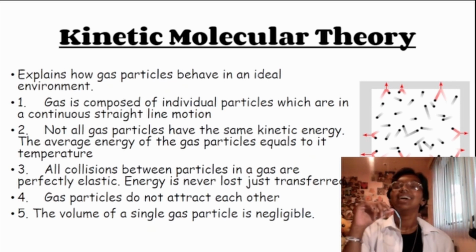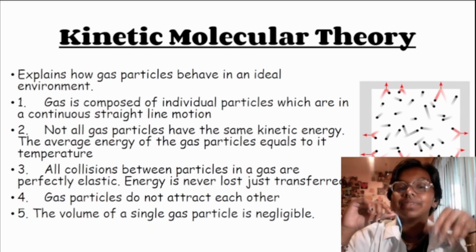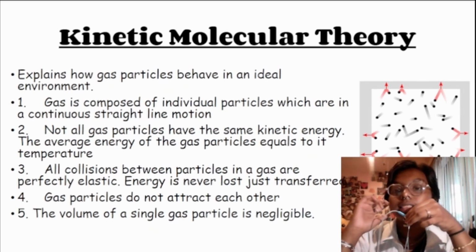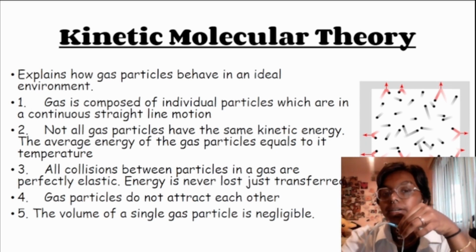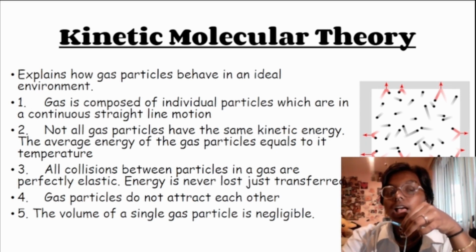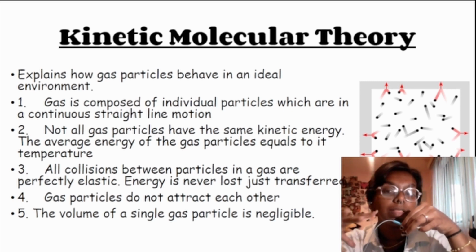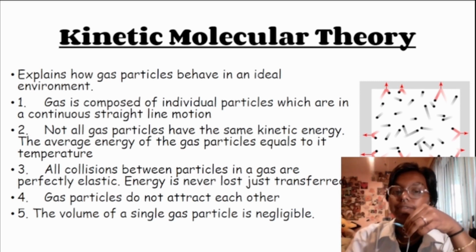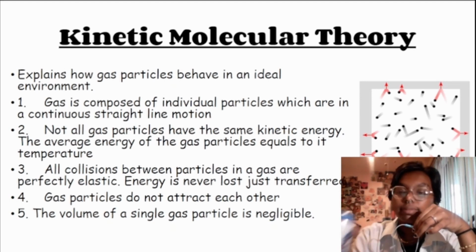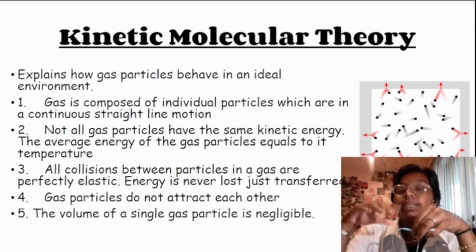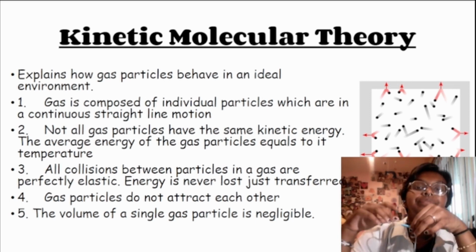Number 2, not all gas particles have the same kinetic energy, but if you take the average kinetic energy of all the gas particles, it should equal the temperature of the gas as a whole.